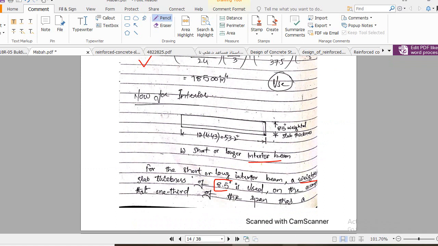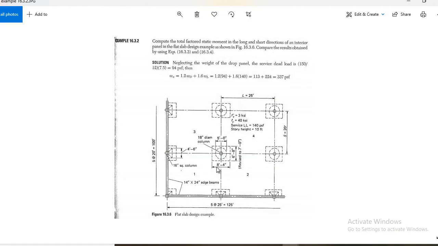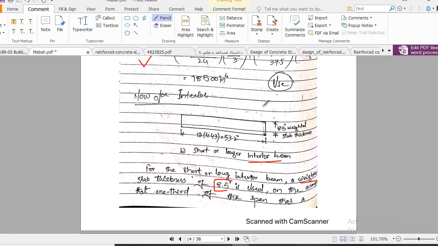Because if you see here in this example, this is the width of the section. Now remember, we have a different thickness in this region and a different thickness there. So what we did basically, we converted that total thickness into one equivalent or average thickness, and the width is that one, that is 4.43 times this one.